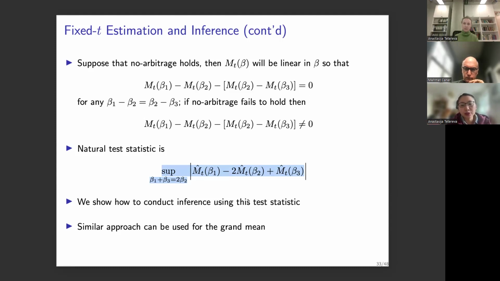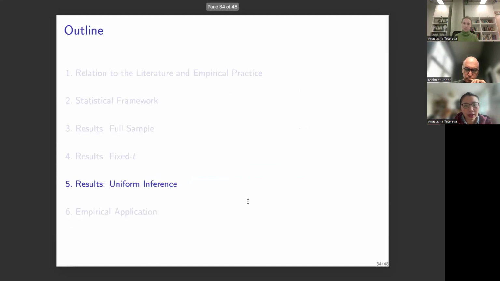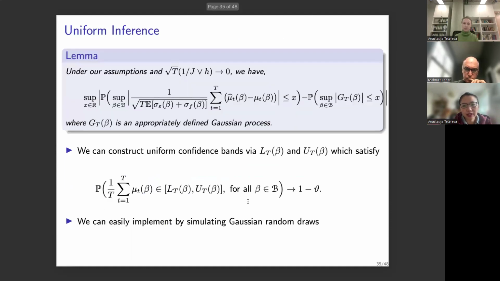We have a uniform inference section in the paper, both for the fixed T and for the average T setup. In our current version, all this uniform Gaussian approximation result has been delegated to the appendix as well.